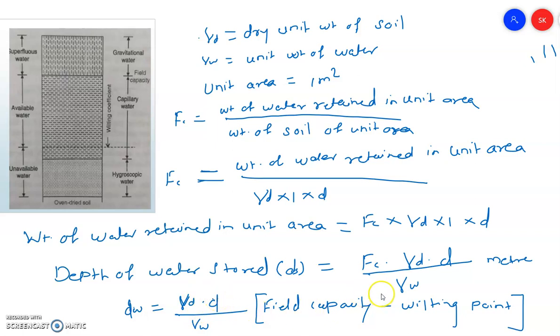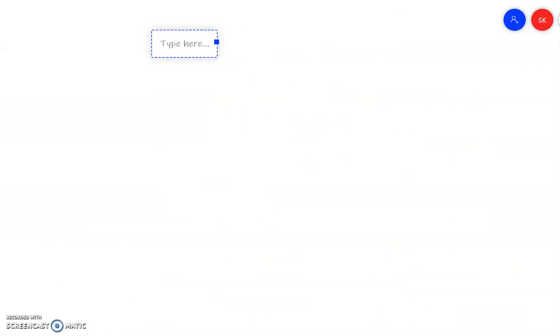Then there are the two terms, field capacity minus wilting point, which gives a percentage, and that percentage is nothing but the available water. If we multiply it with this depth, we get the depth of the water stored. When we solve more numericals, we'll have a clearer idea.